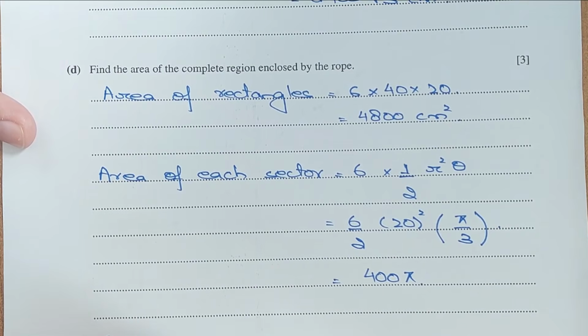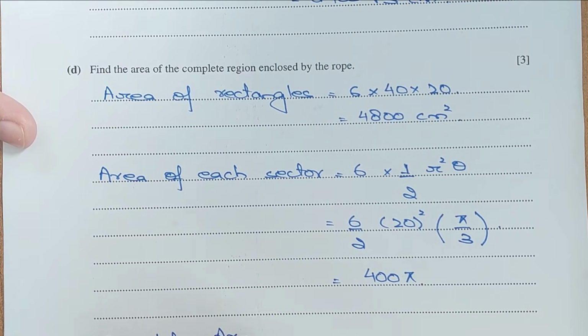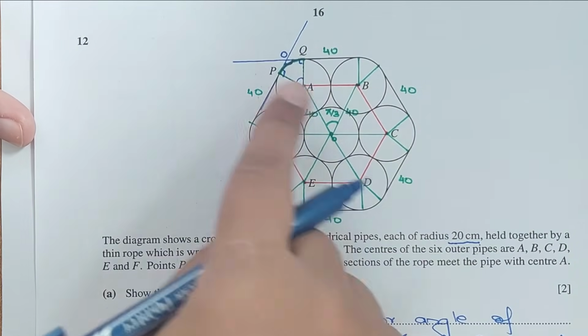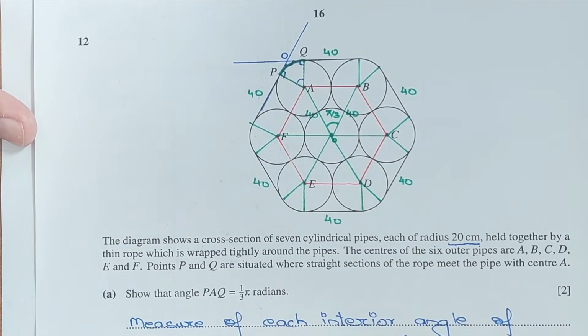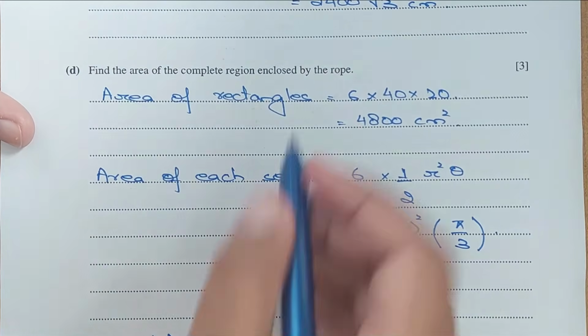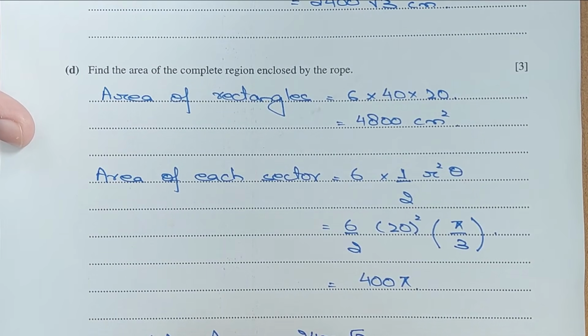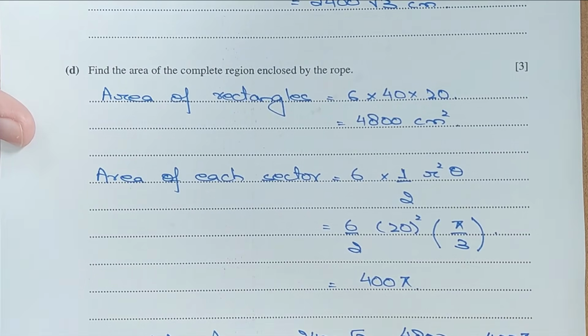The complete area is basically made up of the area of this hexagon plus the 6 rectangles and 6 sectors, right? So the area is 2400 square root of 3 plus 4800 plus 400 pi, right?